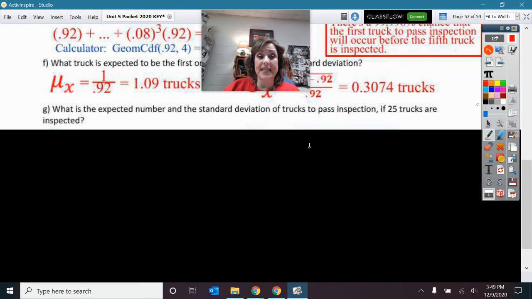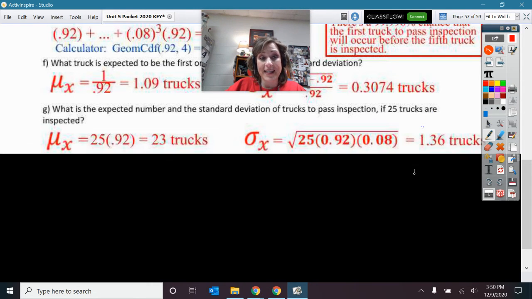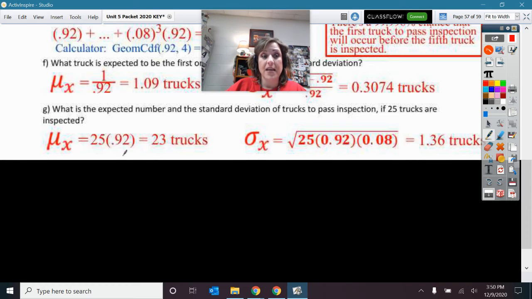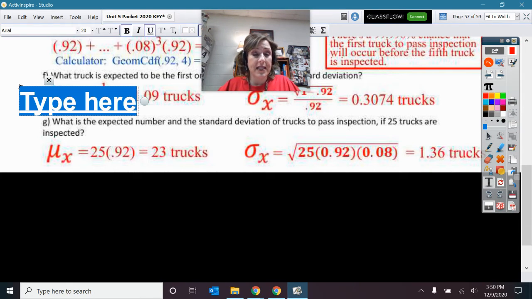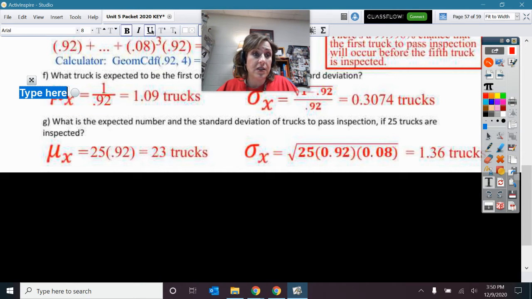And then what's the expected number and standard deviation out of 25? So that's out of a set number, 25. So that's the binomial mean and the binomial standard deviation. So keep that in mind. This was that geometric mean and standard deviation.